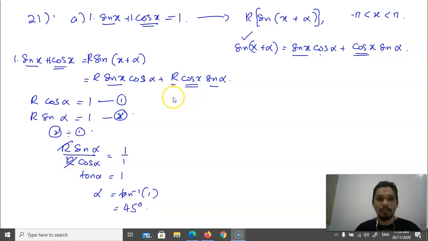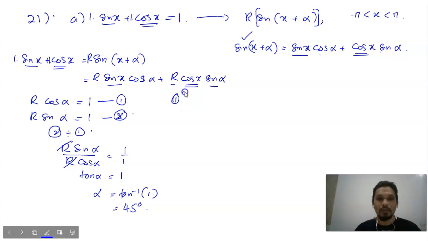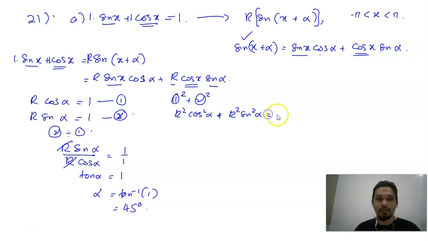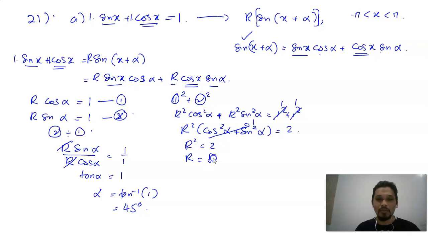So from here we come up with equation 1 squared plus equation 2 squared, which is r square cos square alpha plus r square sine square alpha equal to 1 square plus 1 square. Then r square times cos square alpha plus sine square alpha equal to 1 plus 1 equal to 2. Cos square plus sine square equal to 1. So r square equal to 2, then r equal to square root of 2.